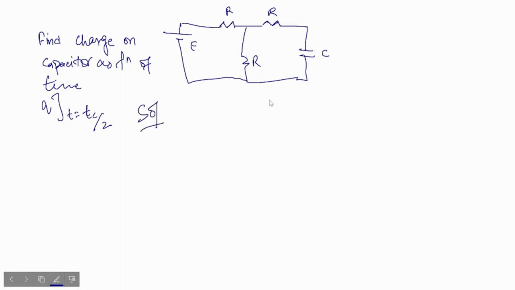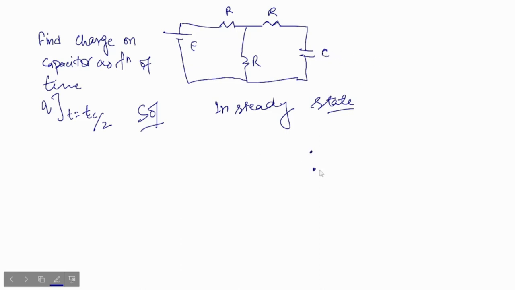See, this is not a problem of only decay of charge. This is a problem of growth of charge as well. Now, in steady state, this capacitor will behave as an open circuit.